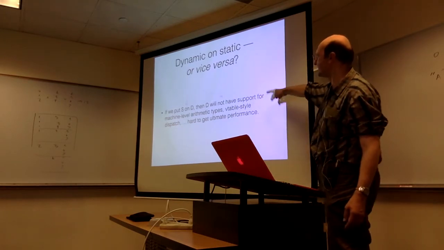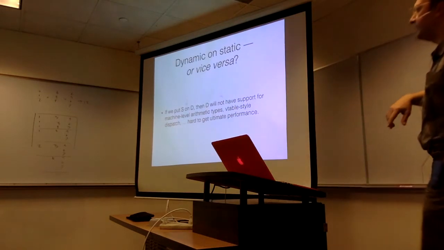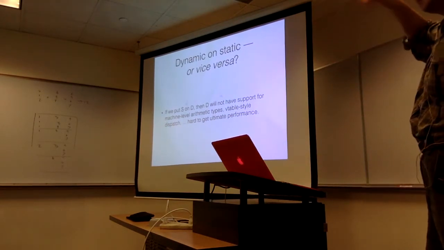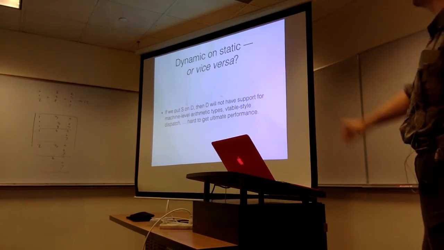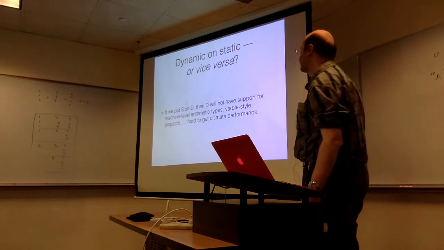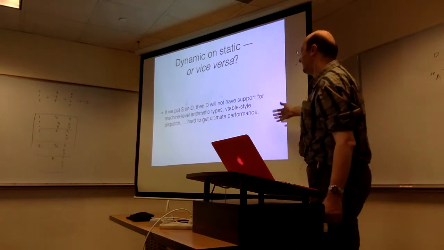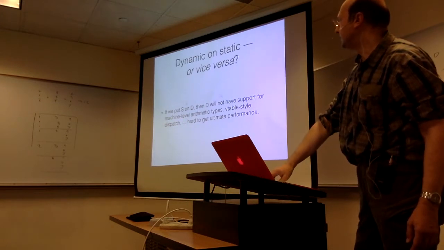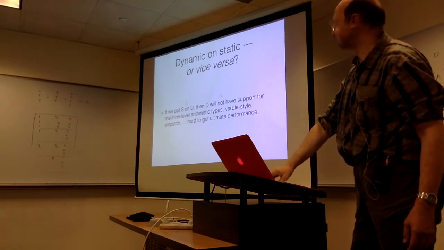I've dabbled with this. In the Self project, we built a very early implementation of Java by translating Java bytecode into Self bytecode. And it was faster for its time, but that was before Hotspot and similar VMs appeared. And you know, I don't think it'll ever compete with something like Hotspot.